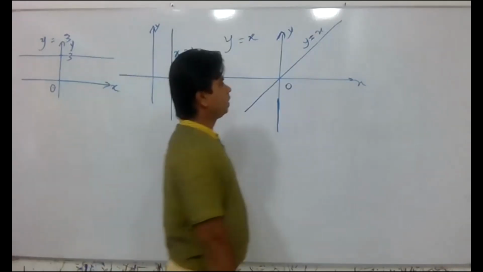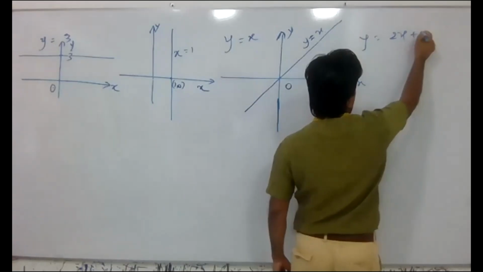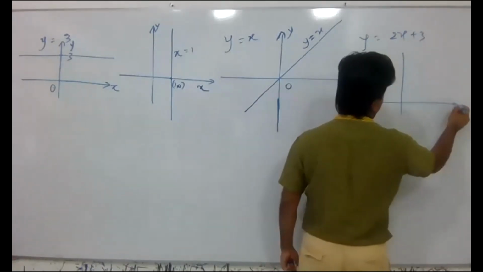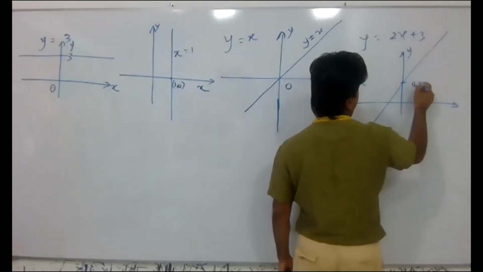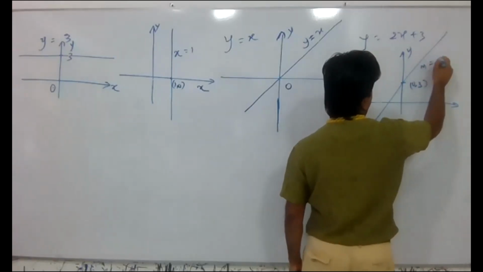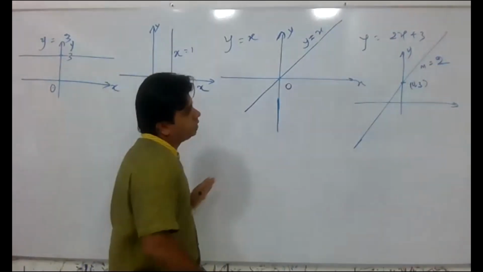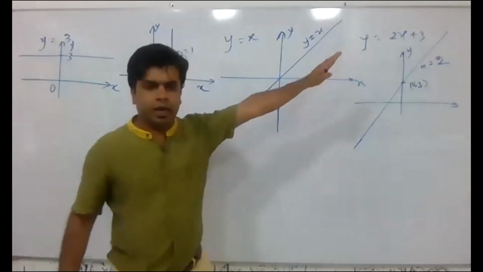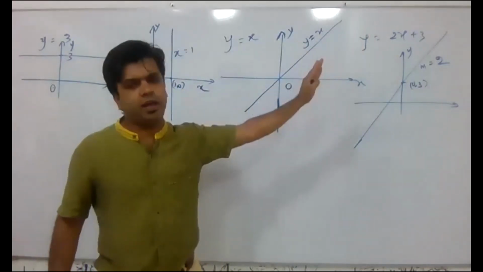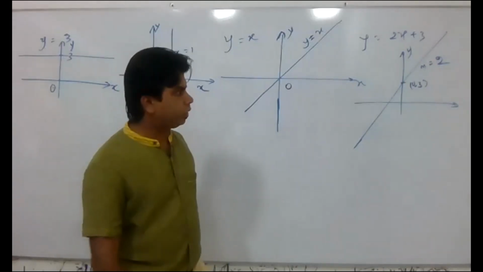So if you have y equals 2x plus 3, something like that, actually here this is (0, 3), the gradient is 2. So you can see that it has a constant slope, which means the function has a constant gradient.